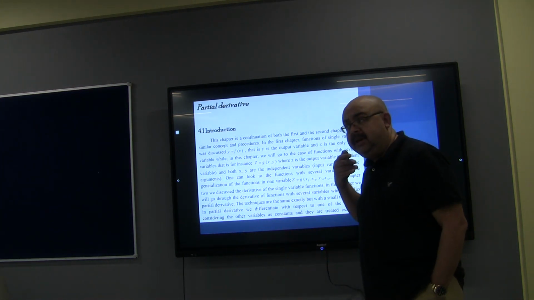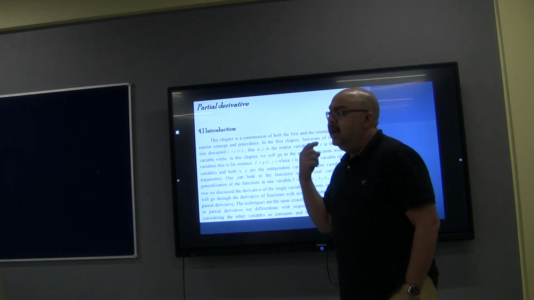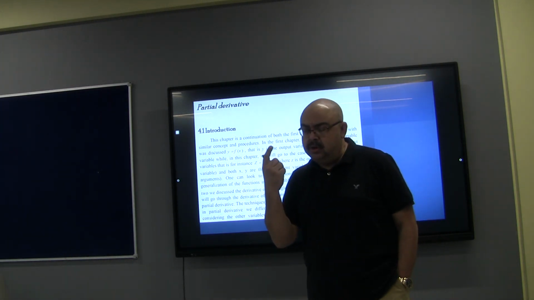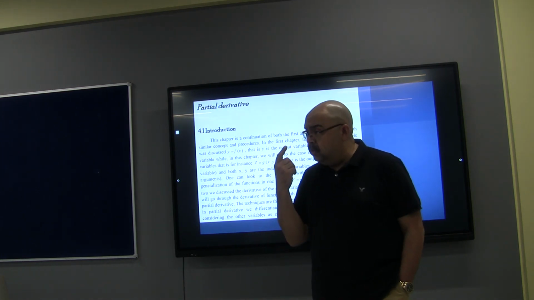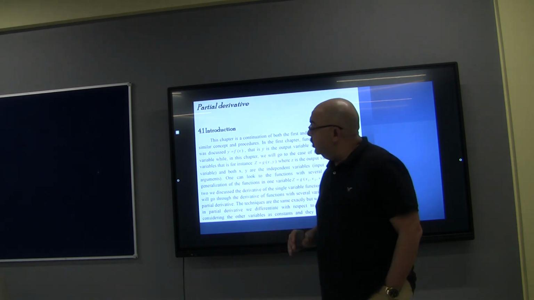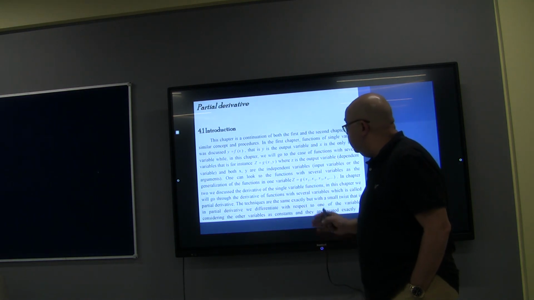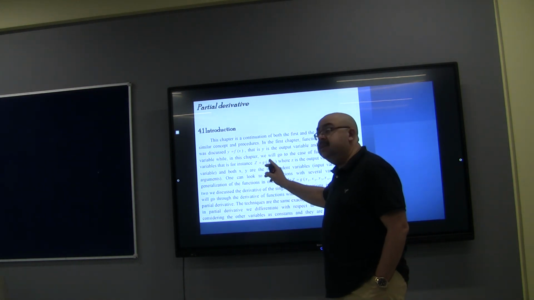What you studied before was a function in one variable, meaning the dependent variable depends only on just one independent variable, like y as a function in x. But here you will start seeing cases where you have z as a function in both x and y.